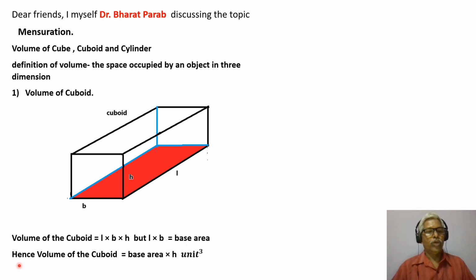Hence the volume of a cuboid is base area into H, in unit cube. Remember, in area it was unit square, now here it is unit cube. So we move on to the other formulas.